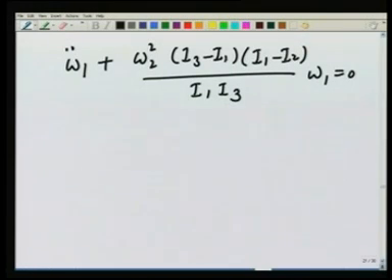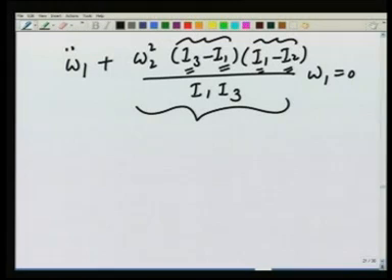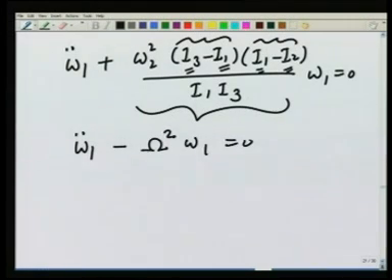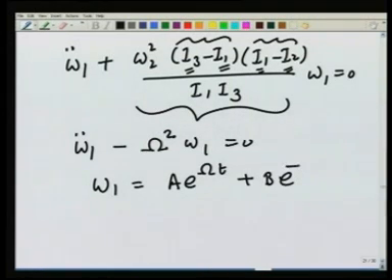Since I1 is the smallest and I3 is the largest, this number is positive, and I1 is the smallest and I2 is intermediate, this number is negative, and therefore, this entire quantity is negative. Let me write this as omega 1 double dot minus omega square omega 1 is equal to 0, and the solution for this is of the form A e raised to omega t plus B e raised to minus omega t.